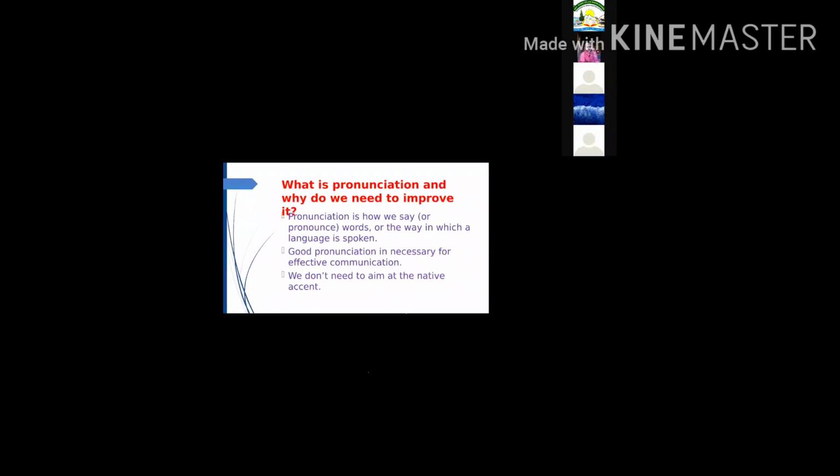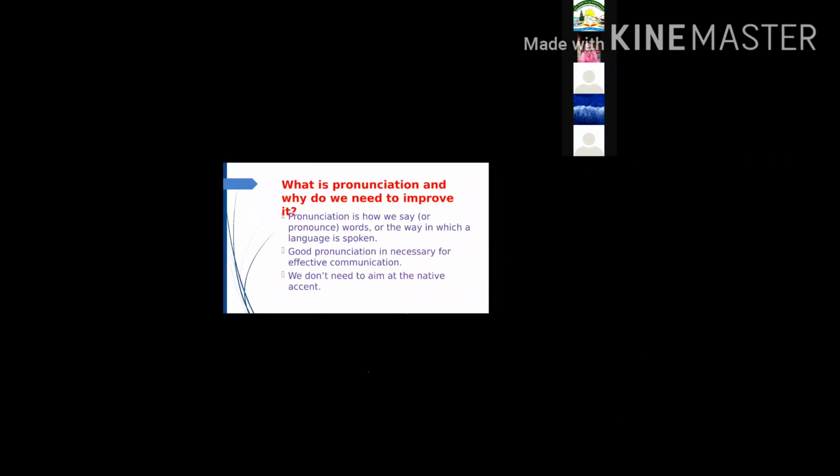So let's come to the English phonetic alphabets. As per the standard, we have 44 English phonetic sounds: 20 vowels and 24 consonants. Why do we need so many sounds? Because the English language has that many sounds, but it only has 26 alphabets.